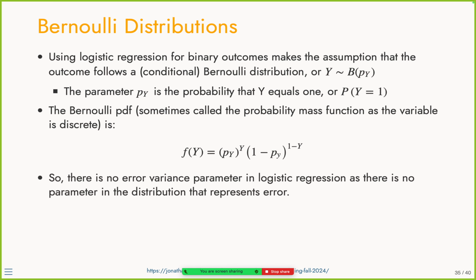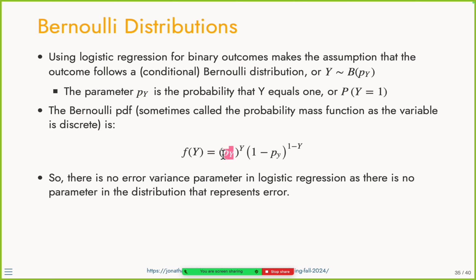Likewise, there is no error variance in logistic regression because there is no parameter in the distribution to represent that error itself. If you want to think about where an error might be analogously, think of it this way: if we know with certainty what y will be, there's no error. In a Bernoulli distribution, what describes certainty? It's the probability.